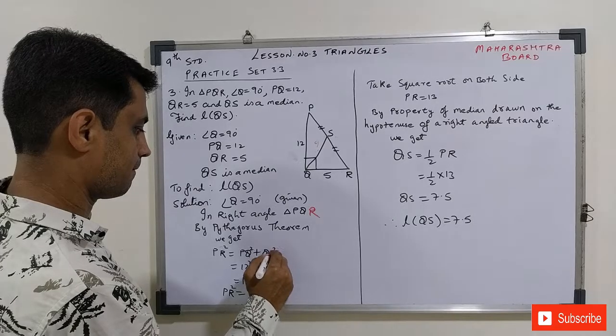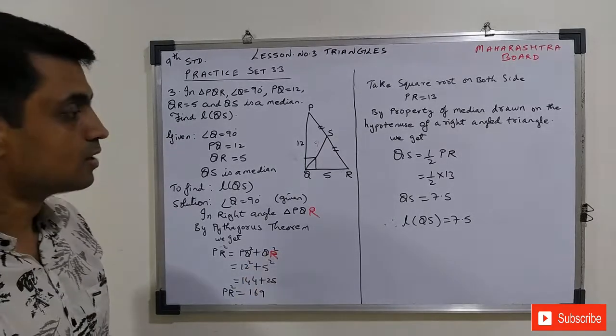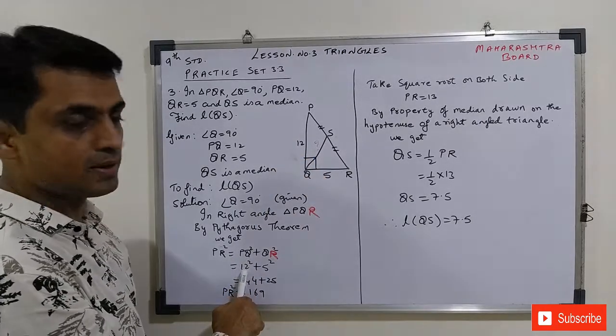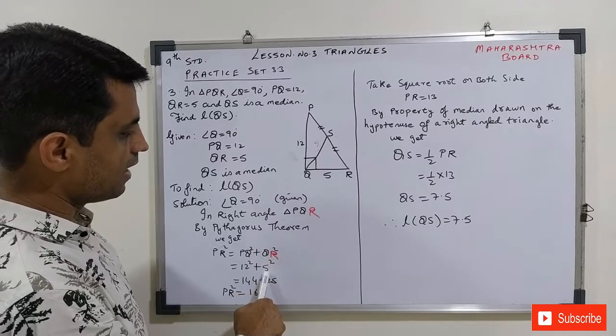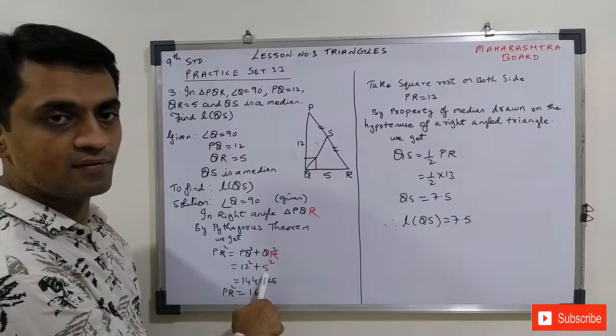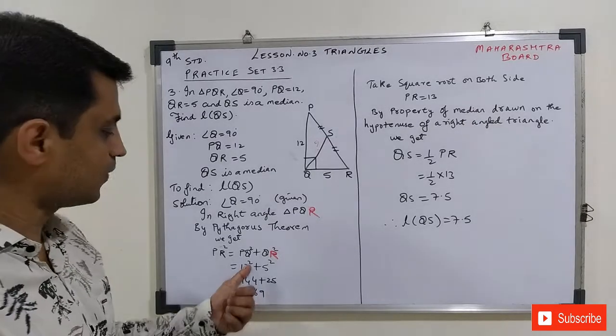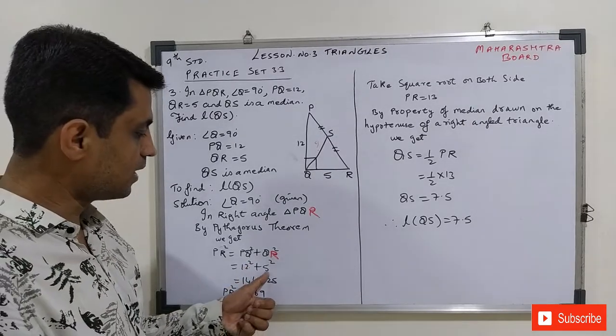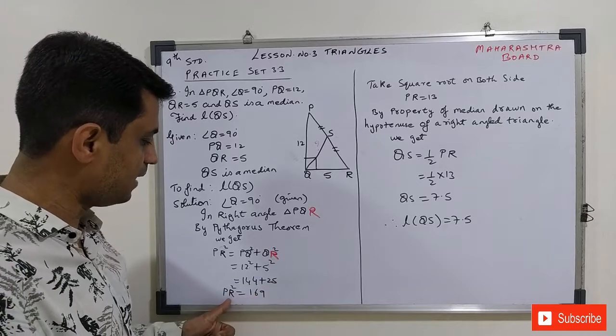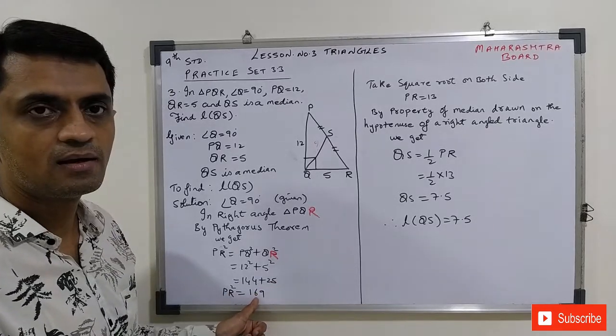PQ is 12, so 12 square, and QR is 5. So we get 144 plus 25. The square of 12 is 144, the square of 5 is 25. So PR square is equal to 169.